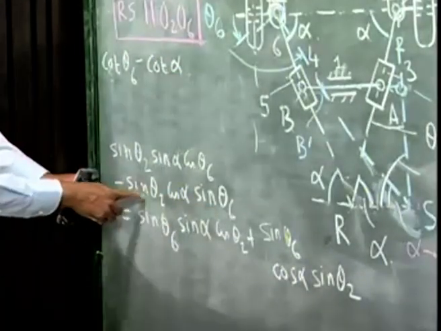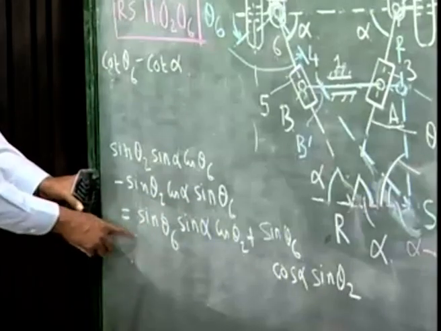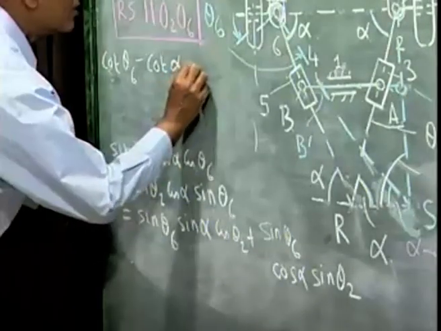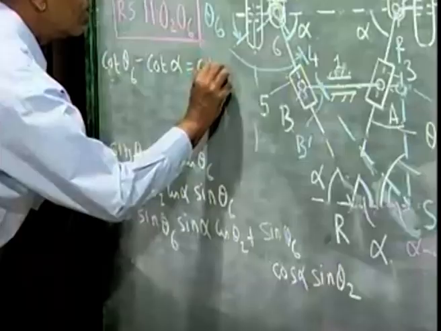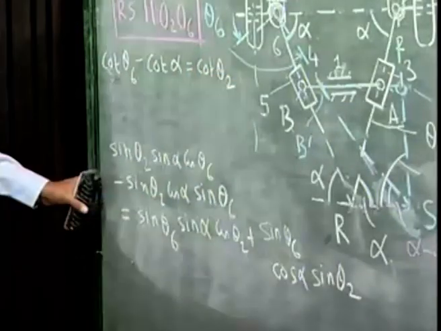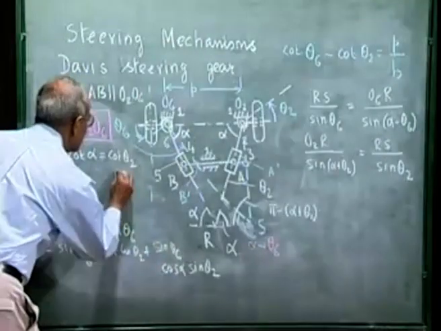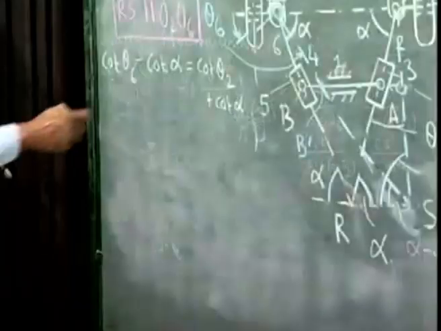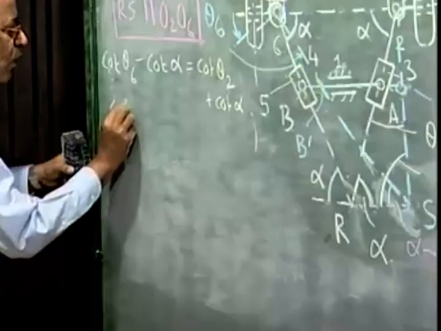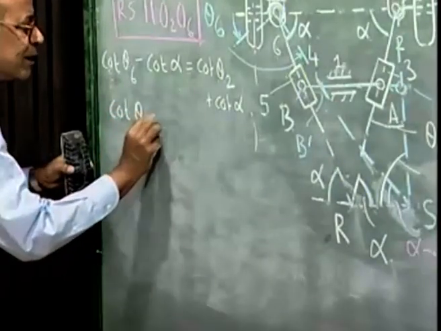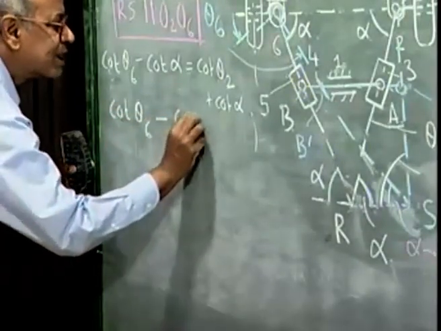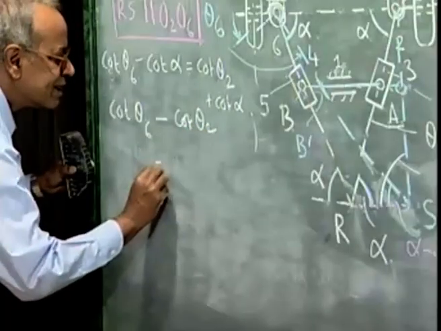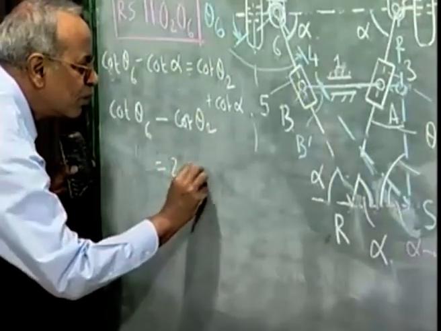This sine cancels and this gives me cot alpha. Here I get equal to cot theta 2, and here I get plus cot alpha. So that gives me cot theta 6 minus cot theta 2 is 2 cot alpha.